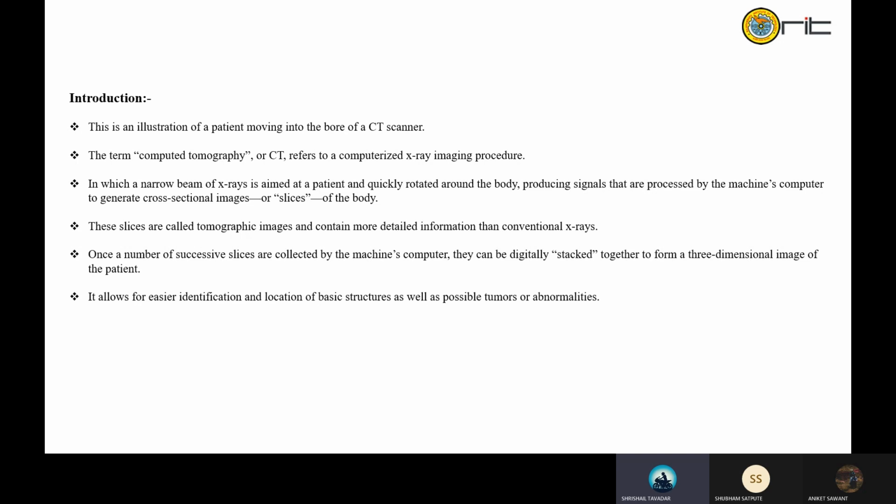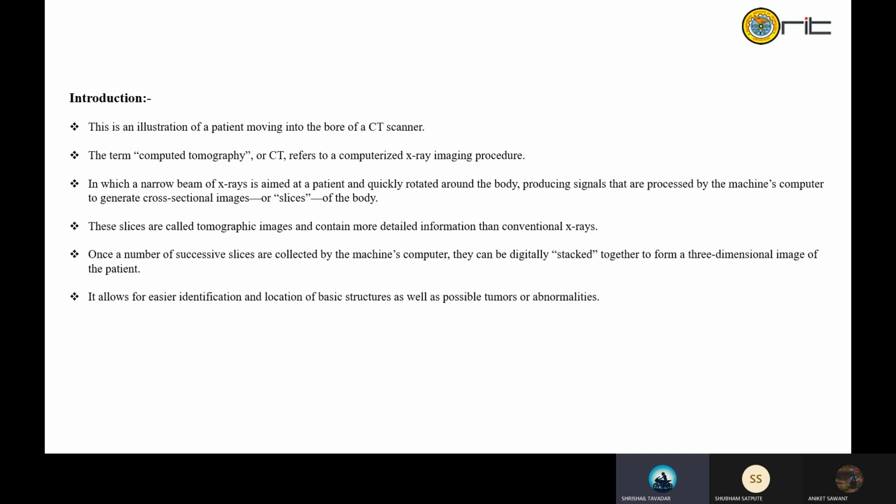The term computed tomography, or CT, refers to a computerized X-ray imaging procedure in which a narrow beam of X-ray is aimed at a patient and quickly rotated around the body, producing signals that are processed by a machine's computer to generate cross-sectional images, or slices, of the body. These slices are called tomographic images and contain more detailed information than conventional X-rays or other procedures.